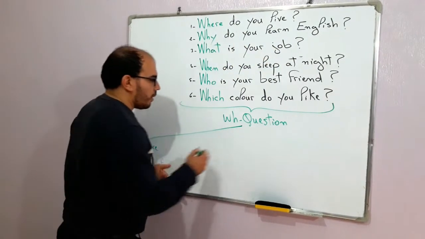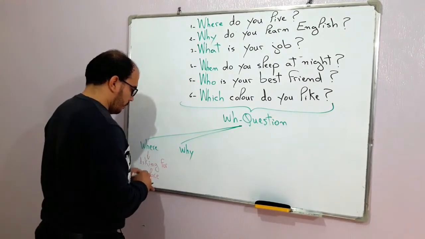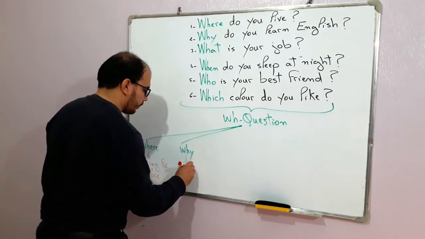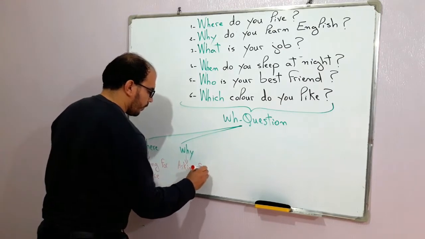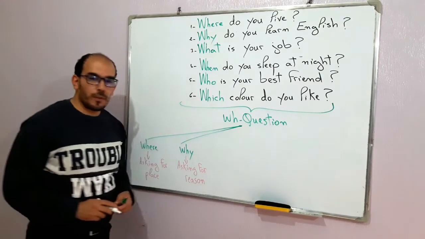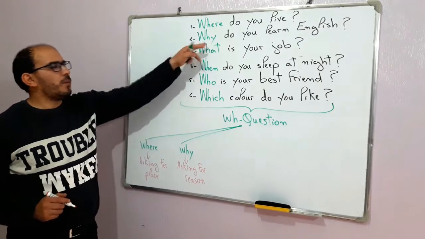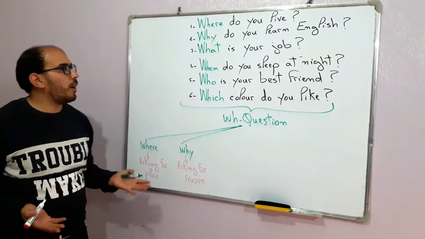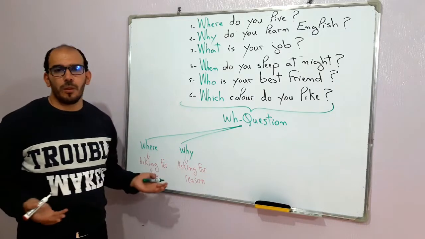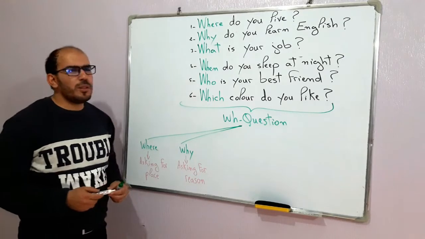So that's why in this case why is used for asking for reason. Once again, whenever I want to ask for the reason, I have to use why. Why do you play sports? Why do you learn English? Why do you go to school? And so on.